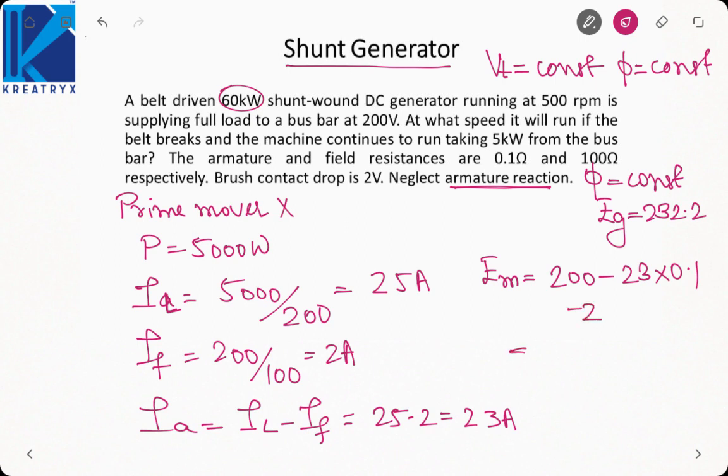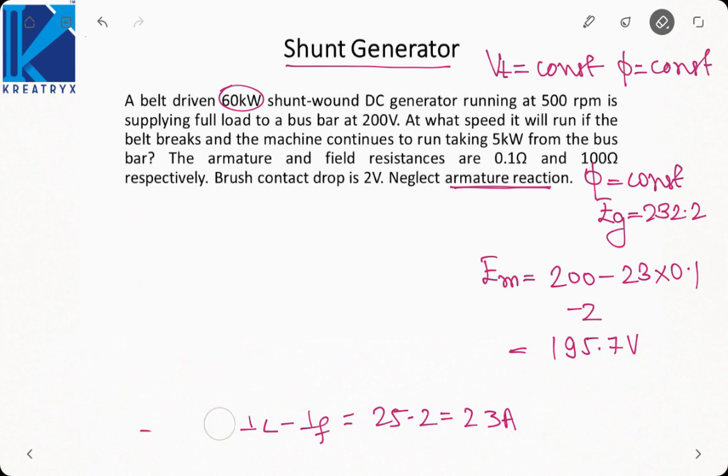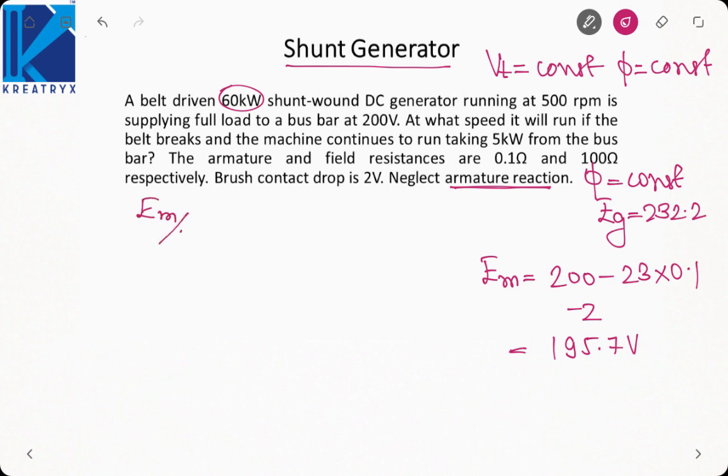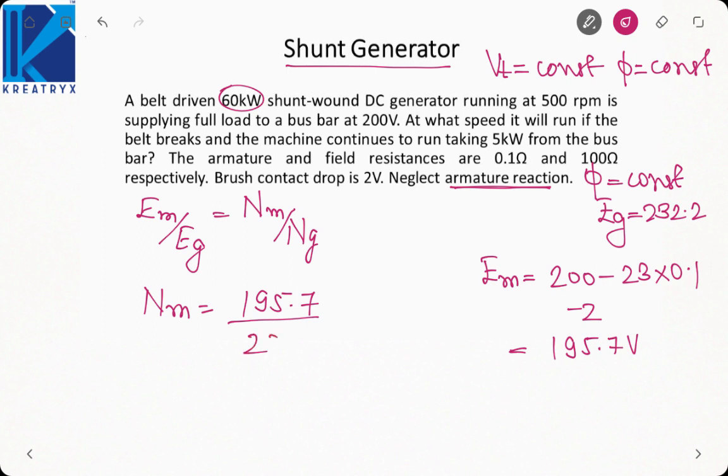So how much will this come out to be? You have to subtract 2 also. Why? For brush drop, 195.7 volt. Now as we know the flux is constant, it means EMF is proportional to just the speed, or I can say motor EMF by generator EMF is equal to motor speed by generator speed, which means speed of motor is 195.7 divided by 232.2 into generator speed is 500 RPM.